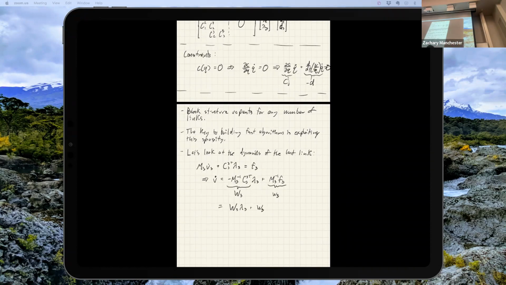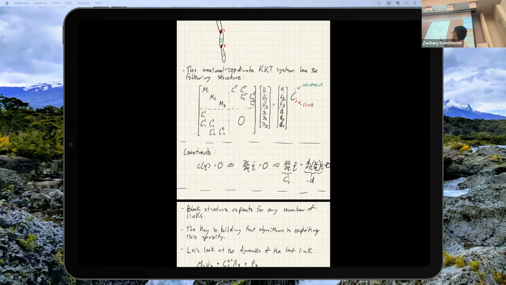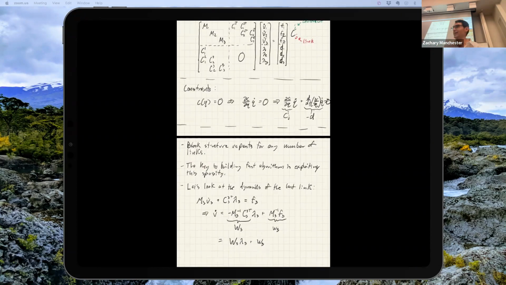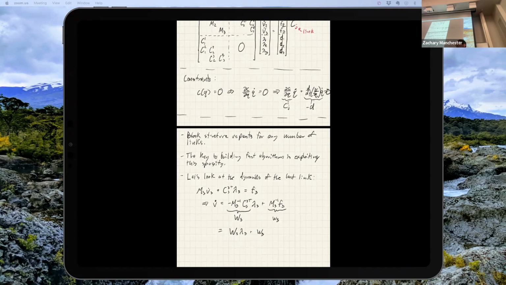Now I have an equation for V dot in terms of lambda, and we're going to plug this into the last constraint equation down here, that last row of the constraints, and see if we can bootstrap ourselves so we can now write things in terms of the next link, right?